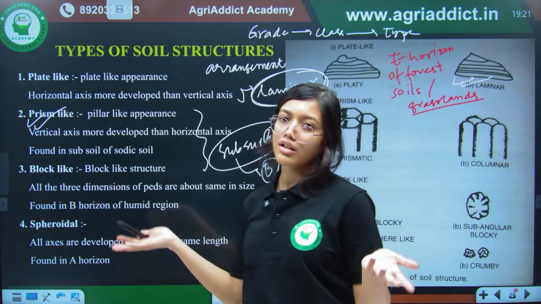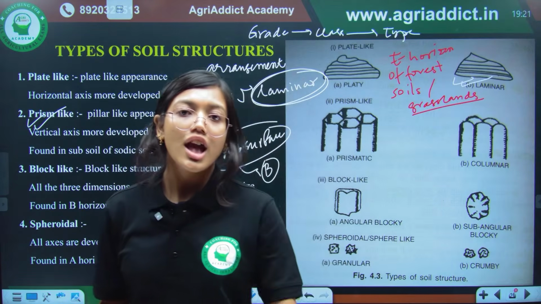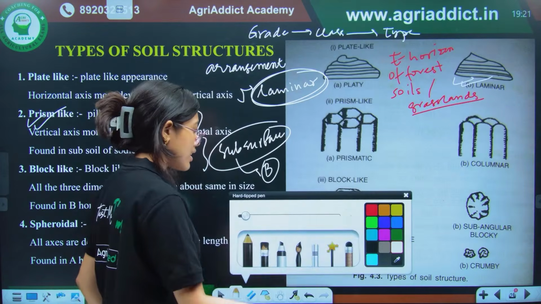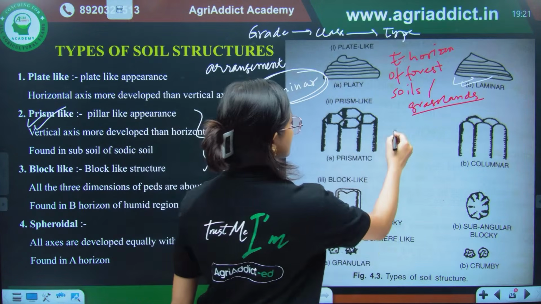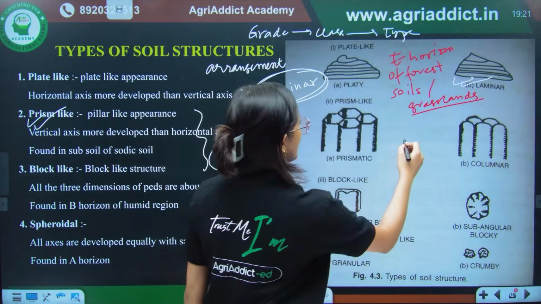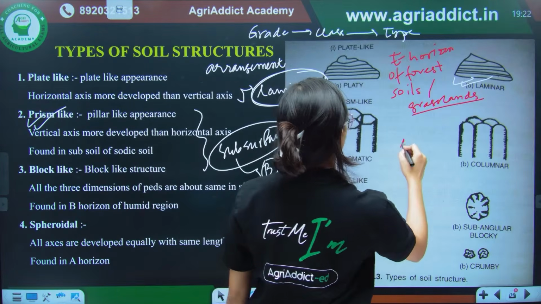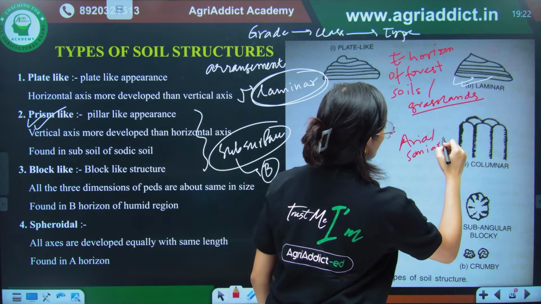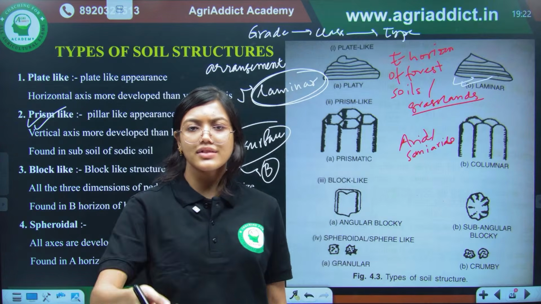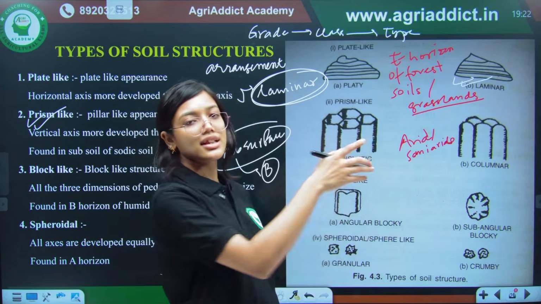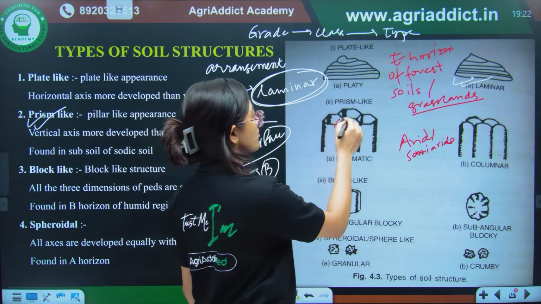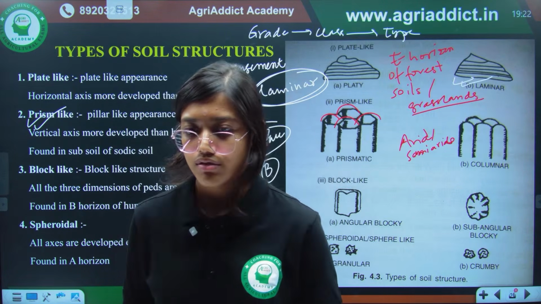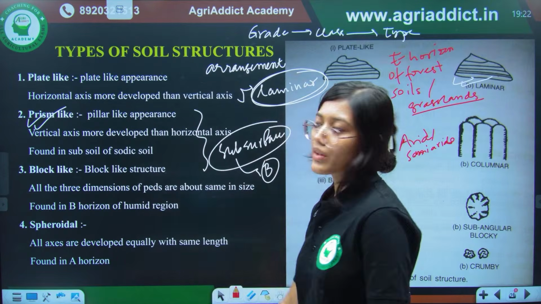I told you that prism is vertical. Now if your soil is very salty, saline, in arid and semi-arid regions where precipitation is very less and evapotranspiration is very high, then these prisms will become rounded at the top and form columnar structure. Clear? Now the next one is block-like structure.